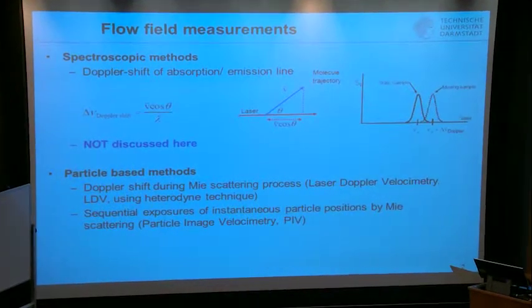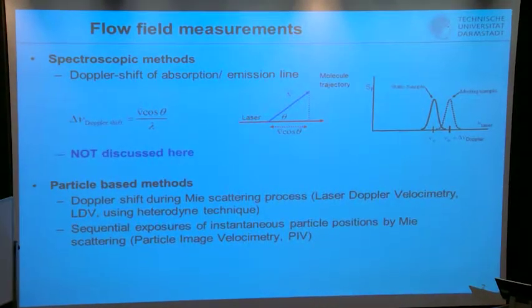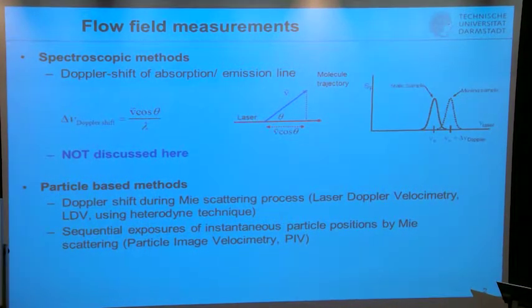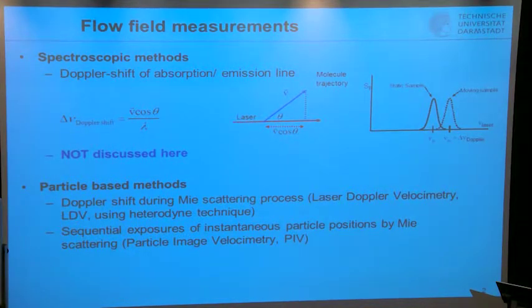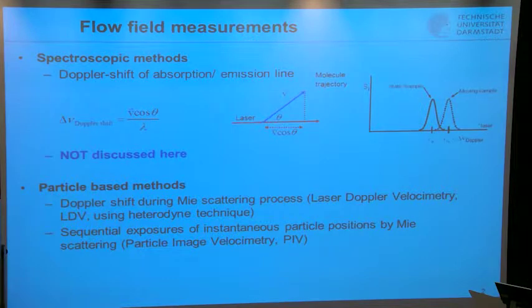Here, you know from textbooks about the Doppler shift. For example, if you do absorption spectroscopy, your static sample would show an absorption line spectrally at a different position than a sample that is moving along a certain direction with a mean convection speed. This is visualized over here.